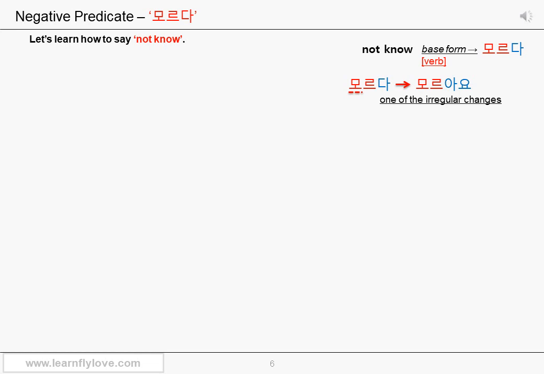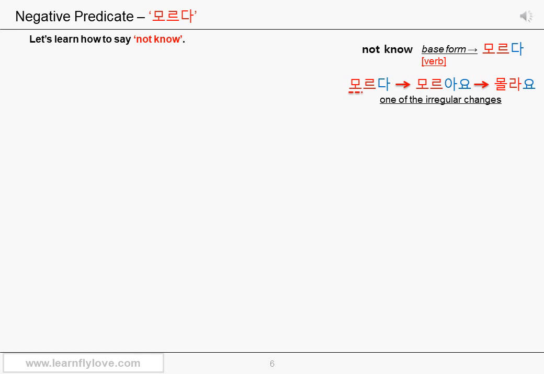Let's add 아요 to the stem 모르. 모르아요. But there's one more rule to be applied here. If the last letter of the stem is the ㄹ letter, you should add the ㄹ consonant to the final of the former block.